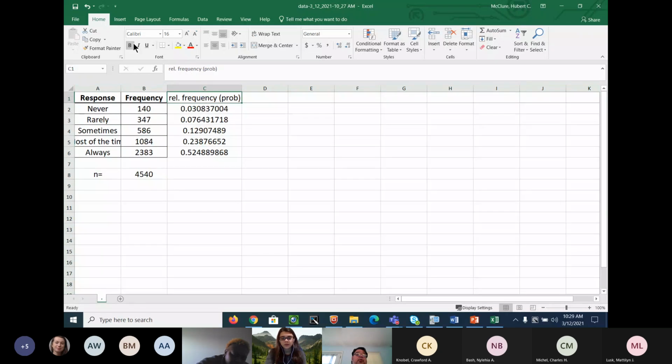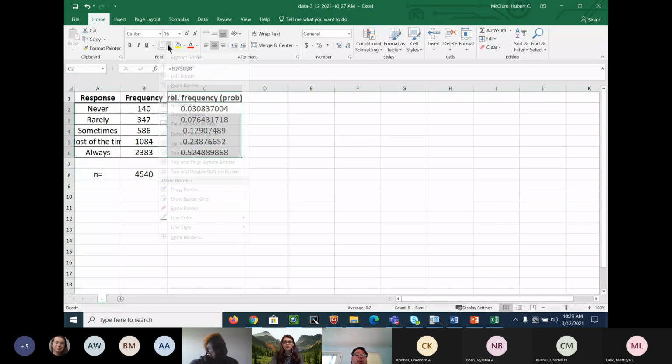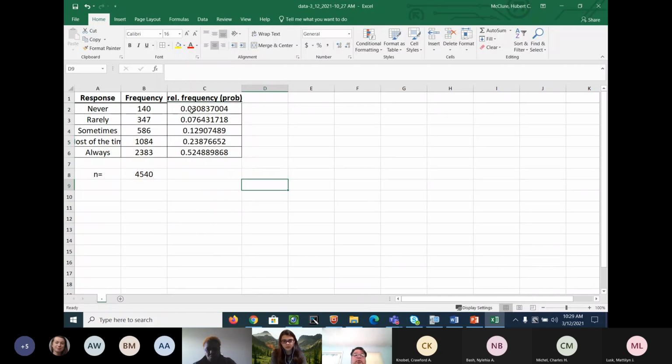Get all those probabilities because I want everybody to make sure you understand where those come from. Relative frequency means you take that number and divide by the total, and so on.